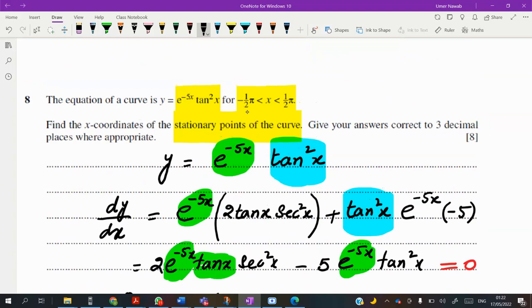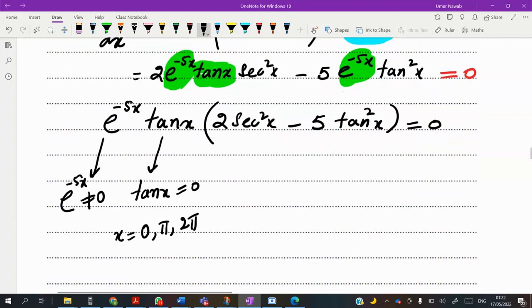No. His range is from minus pi by 2 till pi by 2. So the 0 is included inside it. So I have to take just 0, not pi and not 2 pi. So the first answer I got is x equals 0.